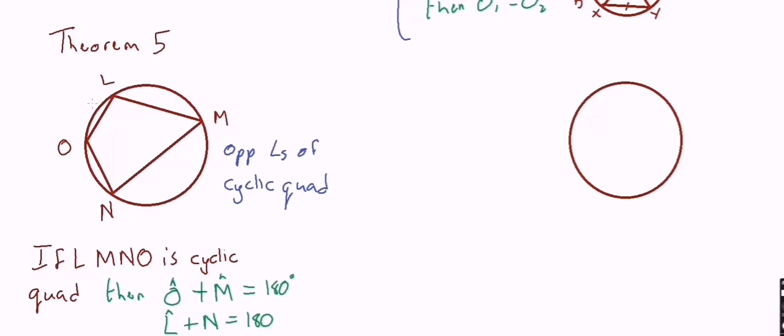So this is not the only theorem that involves cyclic quads, right? There is another theorem that does involve a cyclic quad, and in this case we will refer to that one as theorem 6. It's also another way, if we are forced to prove a cyclic quad, that we can use. I'm going to use a similar diagram here, but now the difference is that I mean to extend this one.